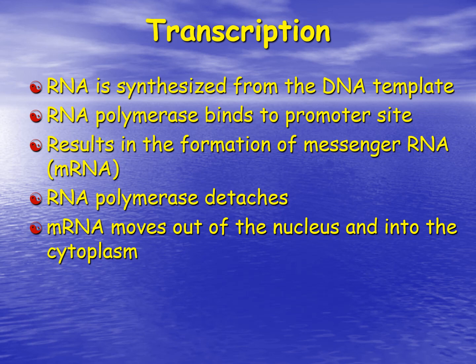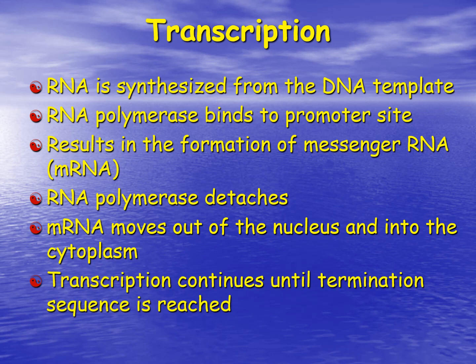The messenger RNA then in eukaryotic cells has to first be processed, but will move out of the nucleus into the cytoplasm and bind to a ribosome, where translation then will continue until a termination sequence has been reached on the gene.